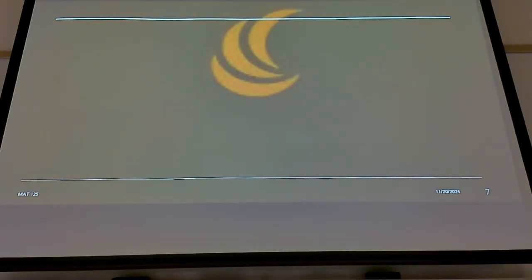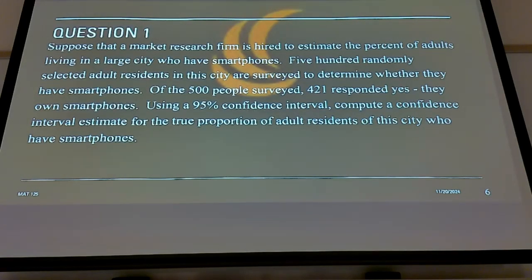We need p hat. So what's the proportion we're looking for? They own or they don't own? What proportion are we looking to estimate? That they own a smartphone or that they don't own a smartphone?